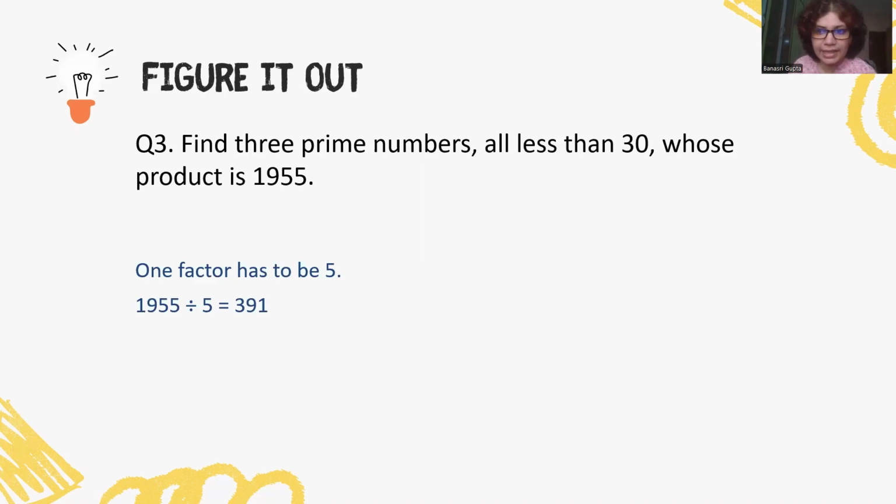Now we can examine all the prime numbers less than 30. We can apply the trick: which two numbers can give the last digit as 1? We find the numbers as 17 and 23. So all the numbers are 5, 17 and 23. If we multiply these 3 numbers, we get 1955.